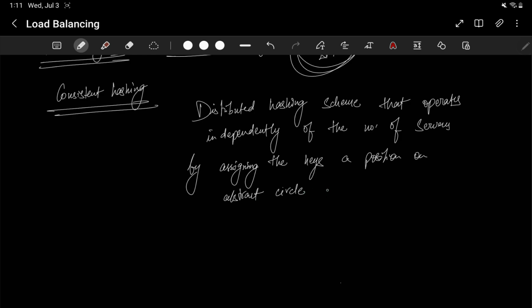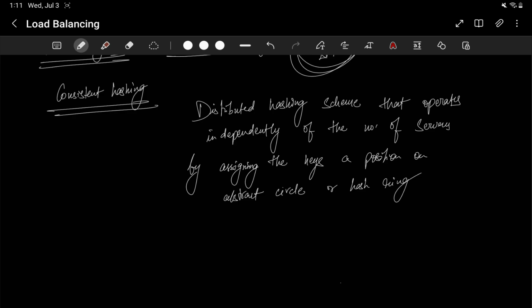It's not an actual circle, it's just an abstract circle, also called a hash ring because it's consistent hashing. This is a hash ring. Again, it's different from IP hashing. Here we do not use any number of servers, any mod. Okay, we use mod, but it is not dependent on the number of servers. It maps keys onto a fixed size ring. Each key is hashed onto a ring. I'm just talking theory here. I'll explain it in more detail next.